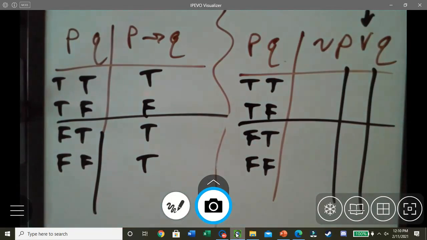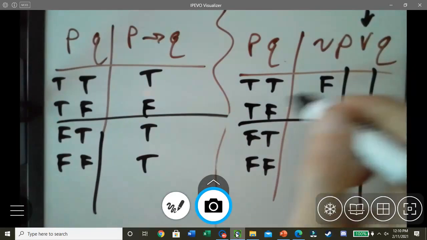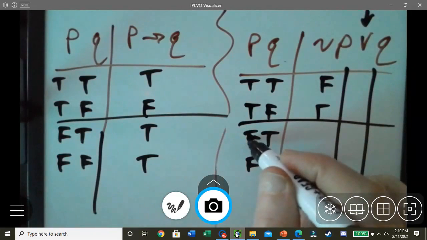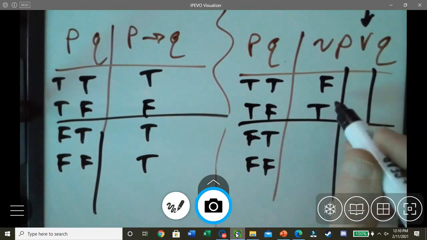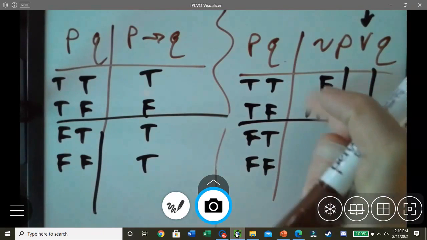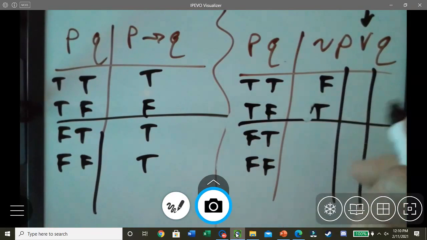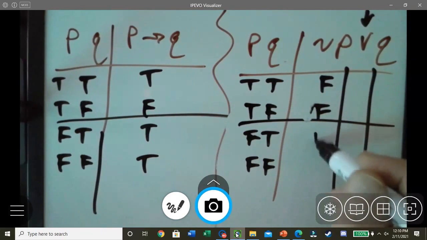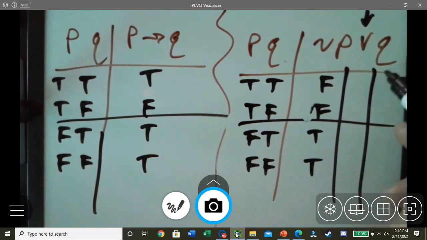That is correct. And if P is false, then not P is true. So false, false, true, true. Q doesn't change, right? That's true, false, true, false.